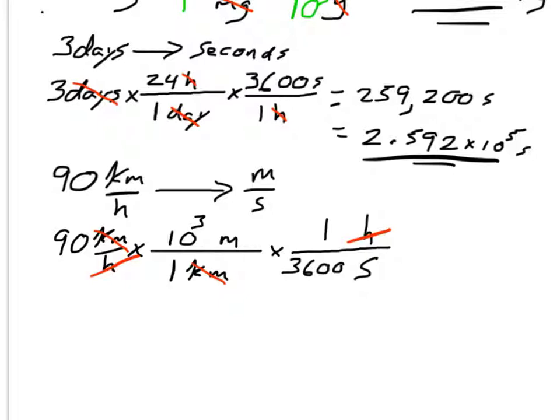When you multiply 90 times 1,000 divided by 3,600, you get precisely 25 meters per second. And we're done.